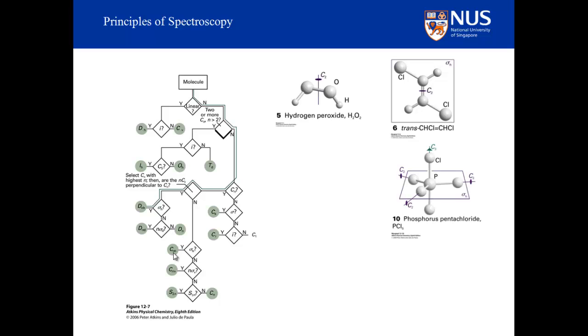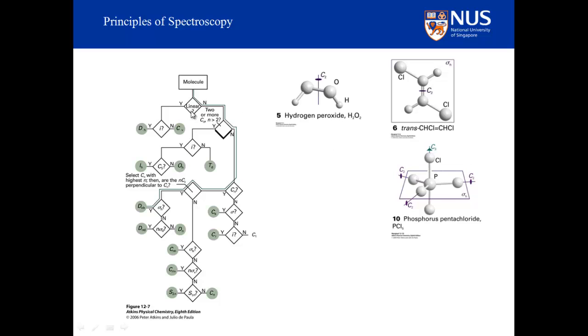I will do one final molecule, and that one is phosphorus pentachloride. Well, for this molecule we have a C3 axis, we have 3 C2 axes, and we have a horizontal mirror plane, as well as several vertical mirror planes. So let's have a go at this molecule.